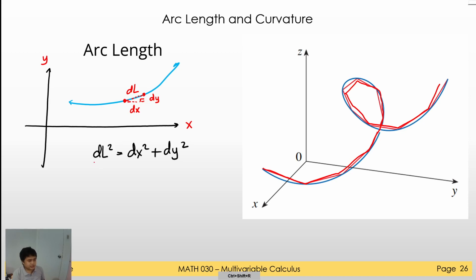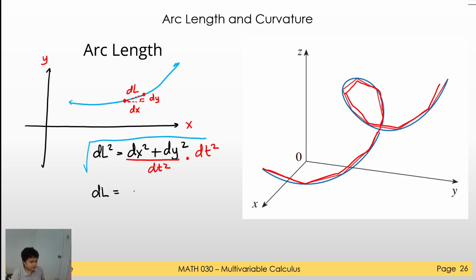Therefore, we can divide this by dt squared for both sides, so that we can introduce another parameter. I think it's better to just multiply this by dt squared over dt squared. So distributing this, and then finding the square root, we have dl.